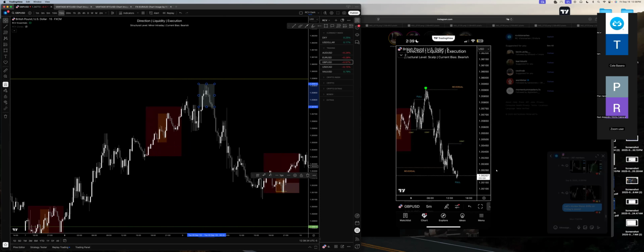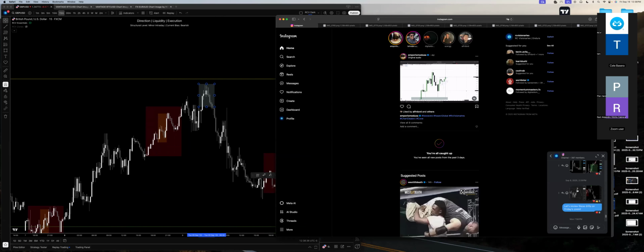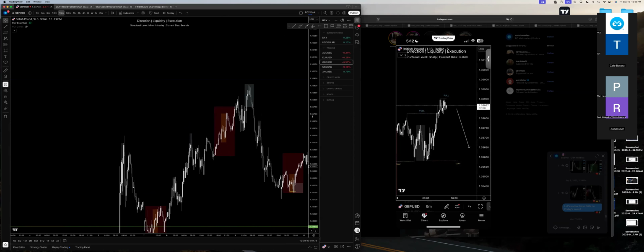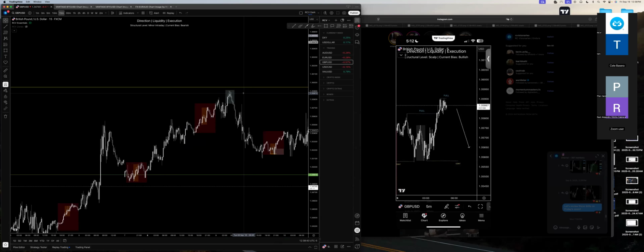But this wasn't a trade by any means. It's just one of those scenarios that fits in with the narrative, and I used intuition to anticipate this coming down, but it's irrelevant here.